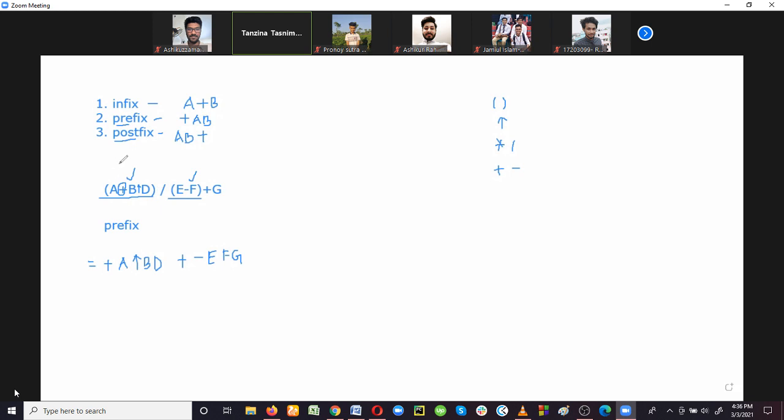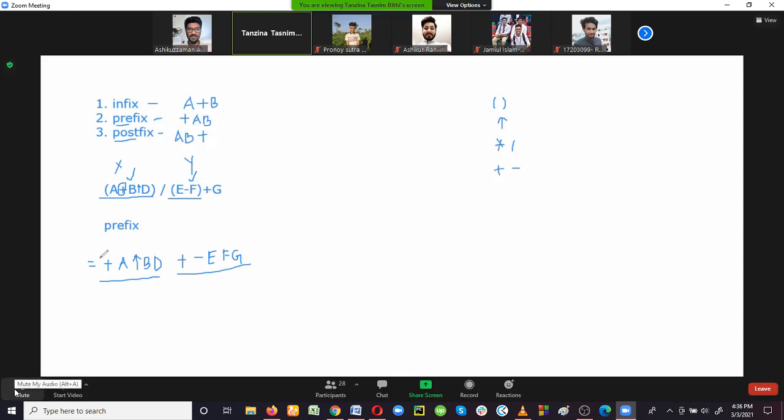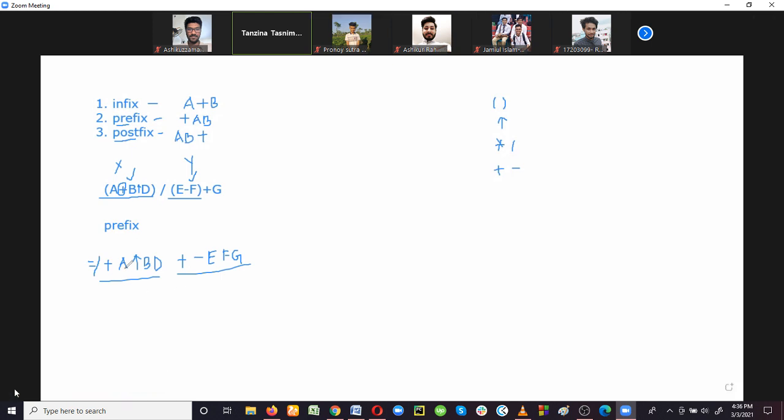If we consider the first portion as x and the second as y, then x is divided by y. So we place the division operator before all the other operands. This is the prefix notation of the given infix expression.